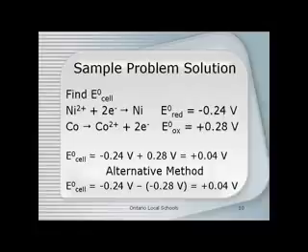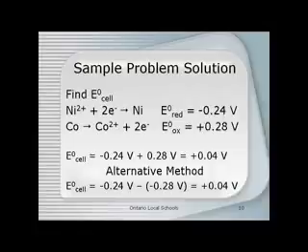So that would be the minus 0.24 volts for the reduction potential plus 0.28 volts for the oxidation potential. When we add those together, we get a positive 0.04 volts.